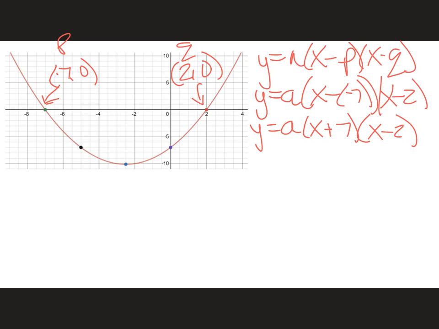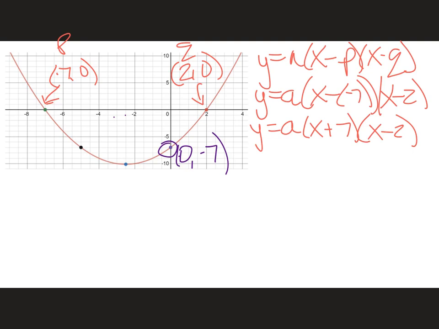Now we would want to use any other points to find a. So here your vertex is actually not too bad. Well, it's still a decimal because these are counting by half, so we won't use it. We'll use the y-intercept again. And this y-intercept, if we're looking at y, it looks like it's counting by ones, so that would make that at 0, negative 7.